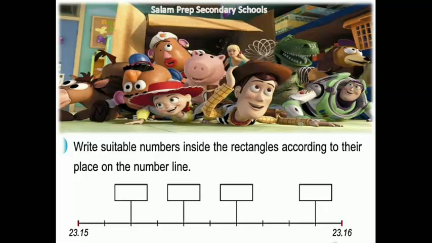To find the decimal numbers between 23 and 15 hundredths, 23 and 16 hundredths, we need to put 0 after 5 and also put 0 after 6.